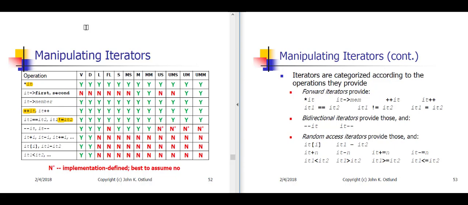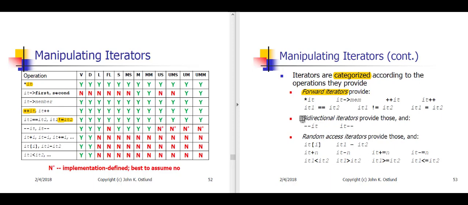But now let's take a look at various other things that we can do to interact with and manipulate iterators as well. It turns out that iterators fall into three categories. There are what are called forward iterators that allow you to step through the elements of a container in one direction, whatever the natural direction is, whether you use begin for an iterator or r_begin for a reverse iterator.